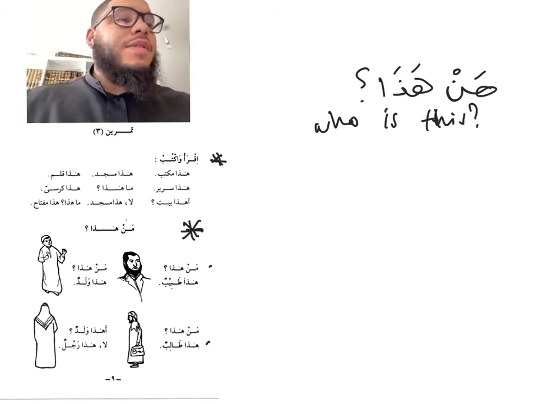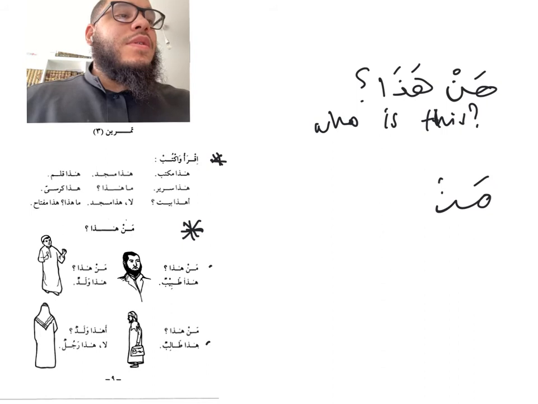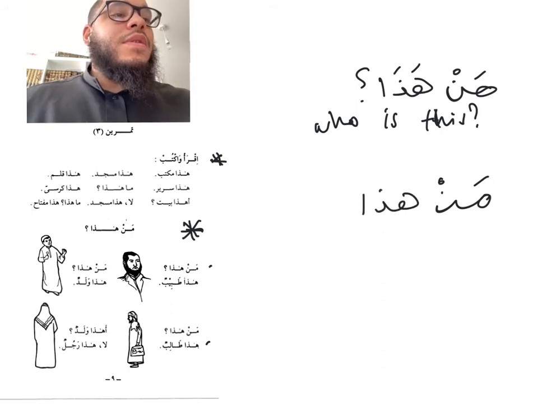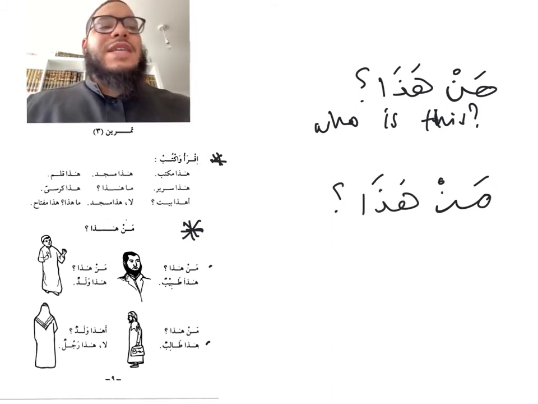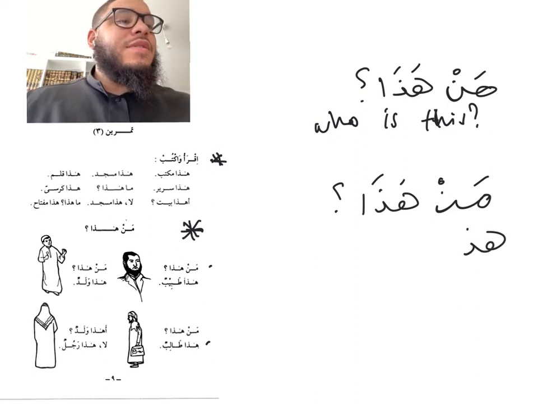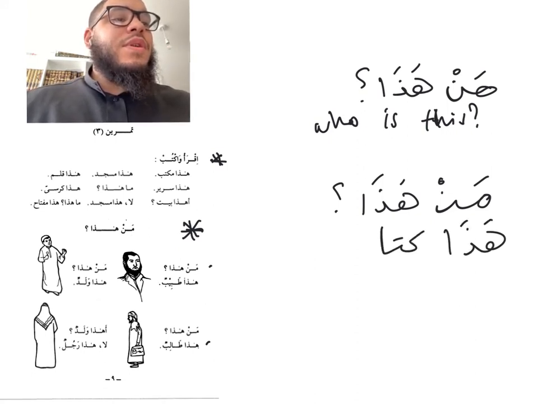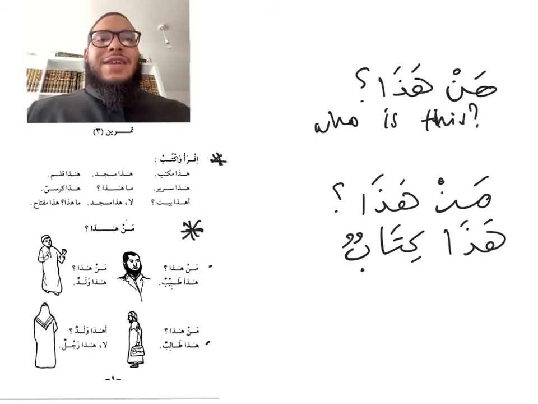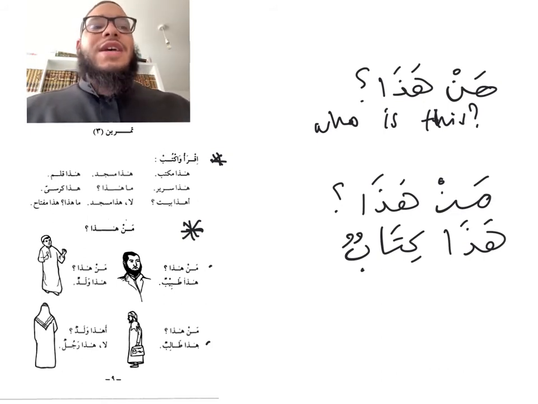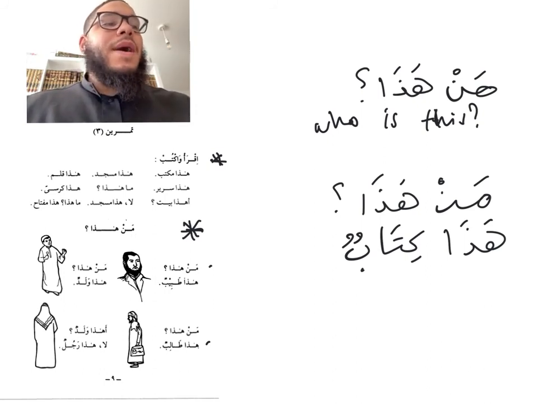So if I said man hadha, who is this? And I said hadha kitabun. Is this correct? Can I say that? Man hadha, who is this? Hadha kitabun, this is a book. No. Here we should have said ma hadha.